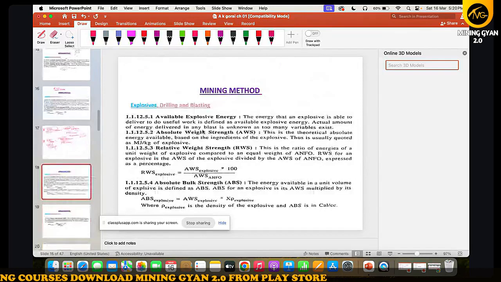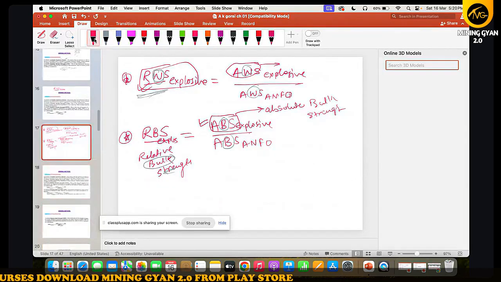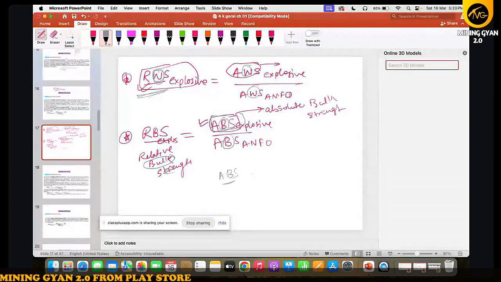और एब्सोल्यूट बल्क स्ट्रेंथ होता क्या है, अगर कोई पूछ ले कि एब्सोल्यूट बल्क स्ट्रेंथ क्या होता है, तो एब्सोल्यूट बल्क स्ट्रेंथ मतलब होता है जो आपका AWS, मतलब थ्योरेटिकल एब्सोल्यूट स्ट्रेंथ की वैल्यू थी, उसको हम अगर डेंसिटी से मल्टीप्लाई कर देंगे तो ABS निकलता है.